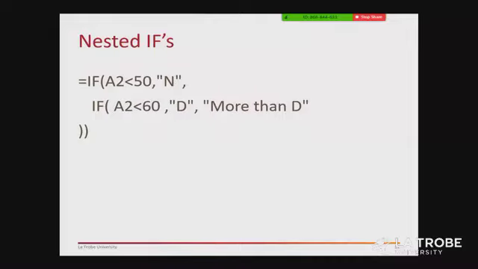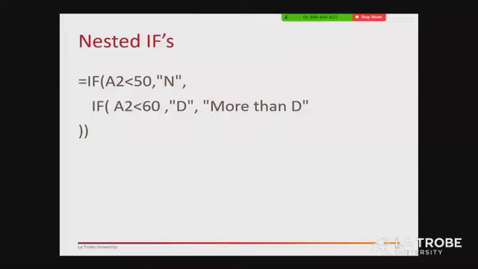Because we've already said less than 50. We know it didn't fall into the N trap, so it made it to this place. We made it past 50, let's see if we can get past 60. Nope, we went into D. Or we got more than D.